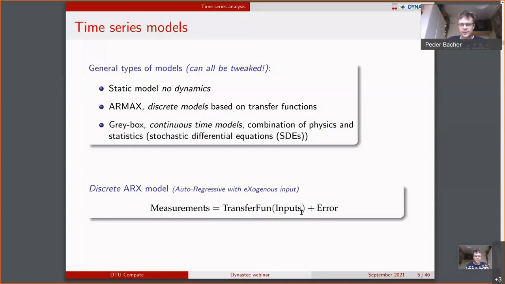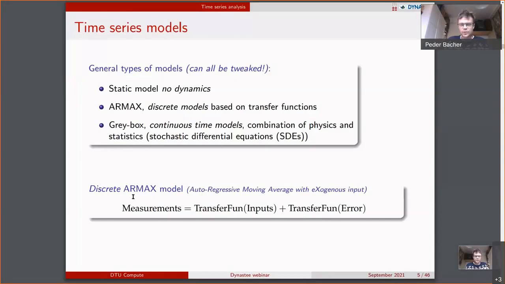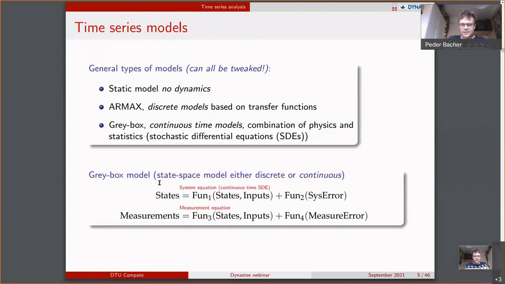But if we extend this model, we can extend it to what we call an ARMAX model. So it gets a moving average term, which is actually a transfer function of the error, which is abstract and hard to understand, but it makes sense once you start working with it, that you want to include that in many applications. And finally, the Graybox models, they are actually state space models, either discrete or continuous.